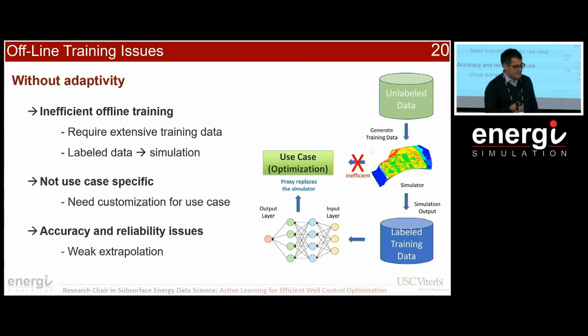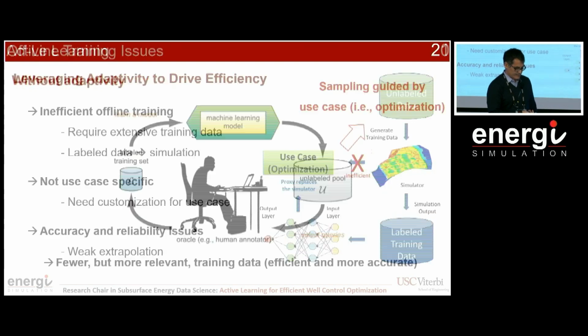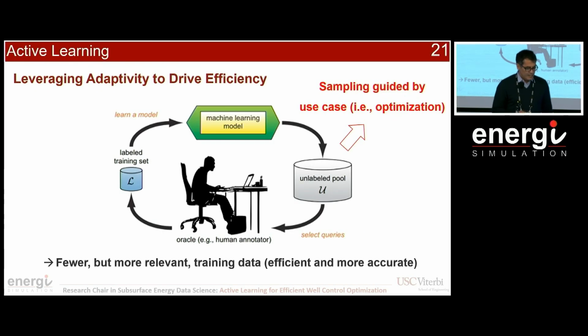The accuracy and reliability is an important issue when you look at these proxy models that we develop. So how do we do this now? By leveraging this adaptivity scheme, we try to drive efficiency and try to make the surrogate models more reliable.